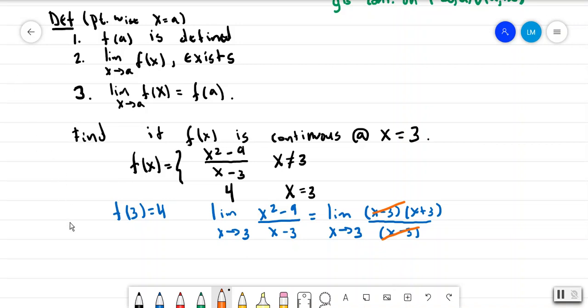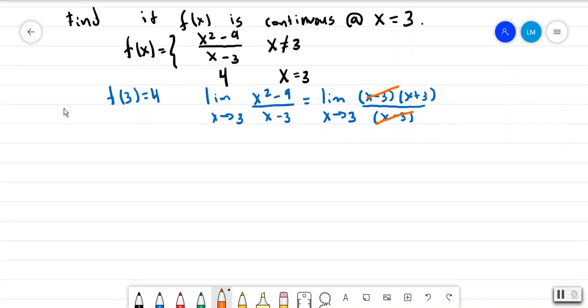So we have a limit that's equal to the limit of x plus 3, and that equals 6.